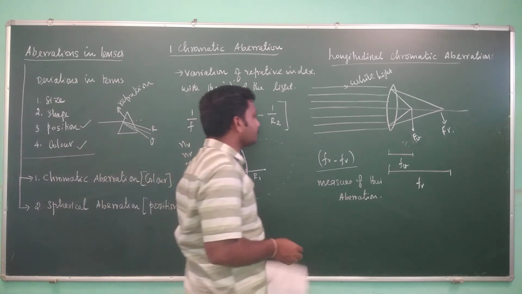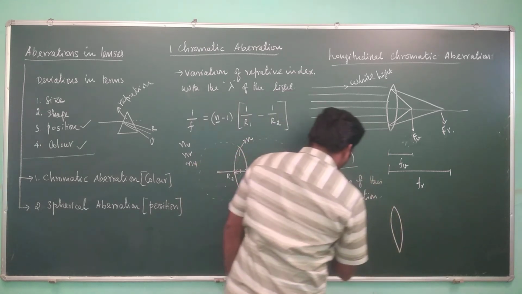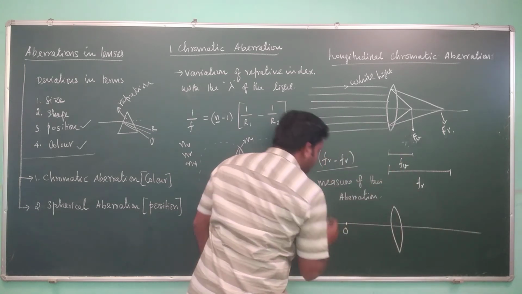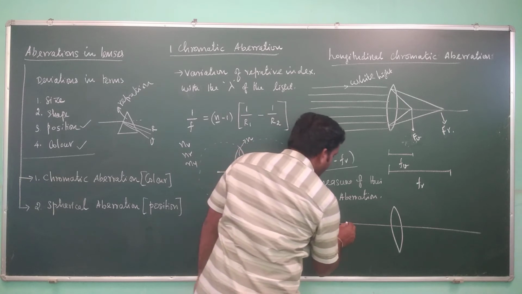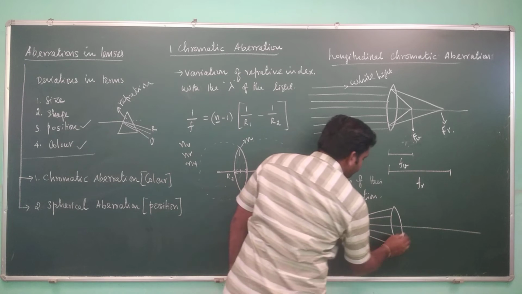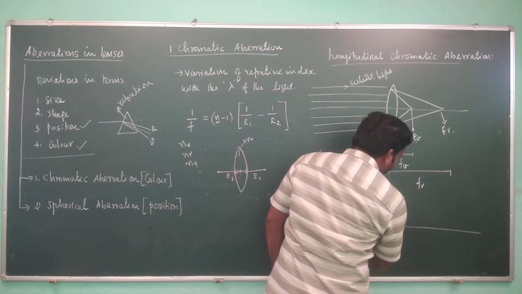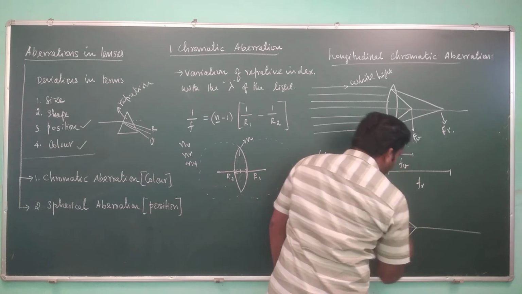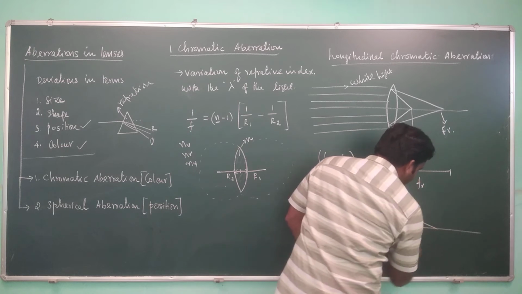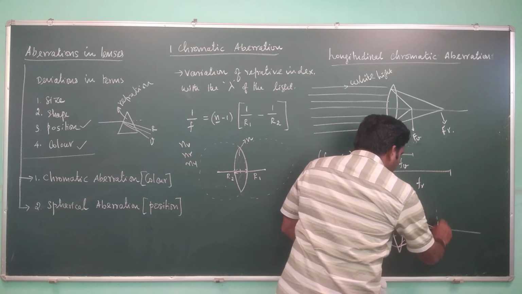Suppose the light comes from a point object. Let us assume that the object is located here and white light emerges from this object. How will it be focused as an image? Here also the violet image will be focused closer, whereas the red image will be focused further away.